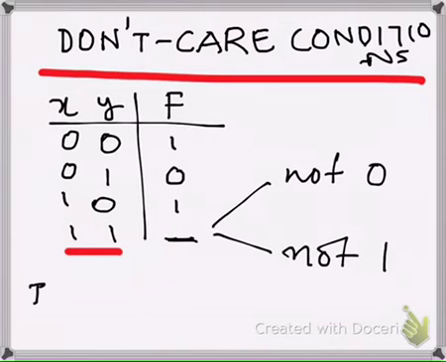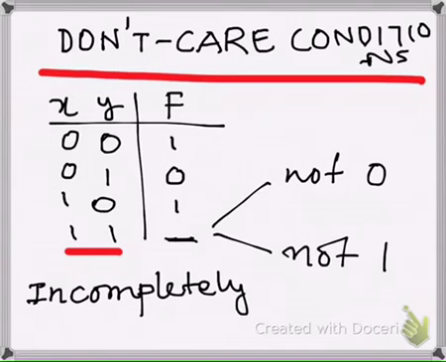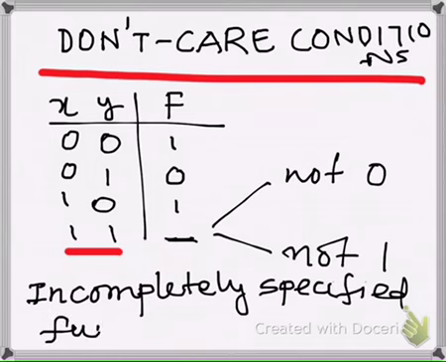So in such a situation, we say that this function is known as an incompletely specified function. Here it means that for the two variables x and y and the function f, 0,0 is 1, 0,1 is 0, 1,0 is 1, but for the combination x equal to 1 and y equal to 1, we do not know what the value of f will be.